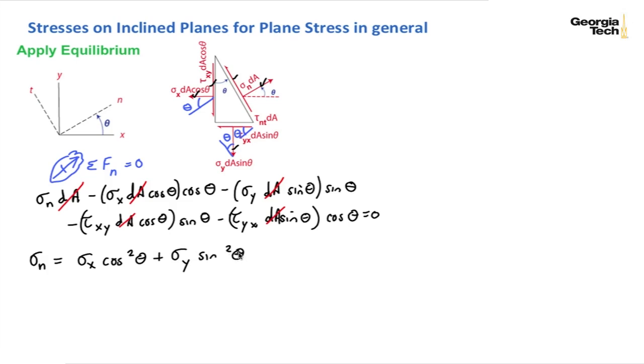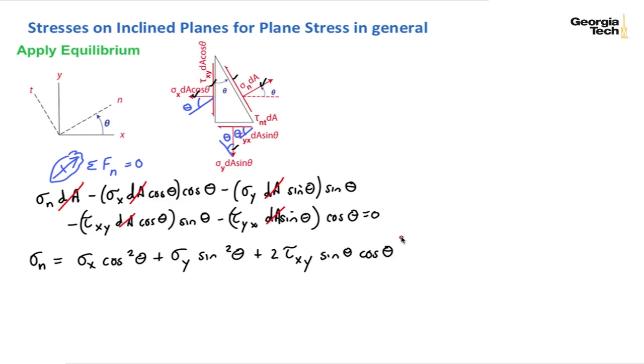We know by equilibrium that tau xy and tau yx are equal, so we've got two terms here. So it's going to be plus 2 tau xy sine theta cosine theta.